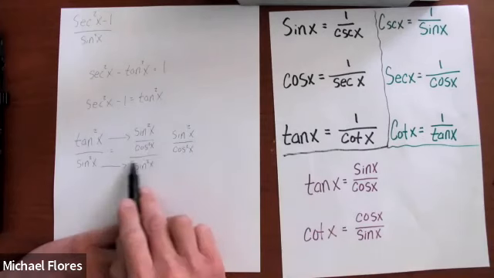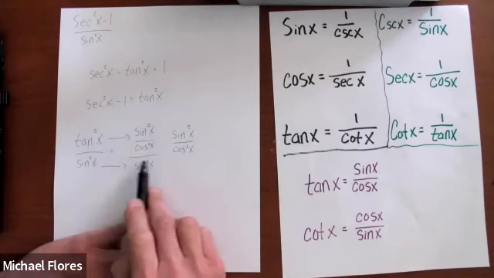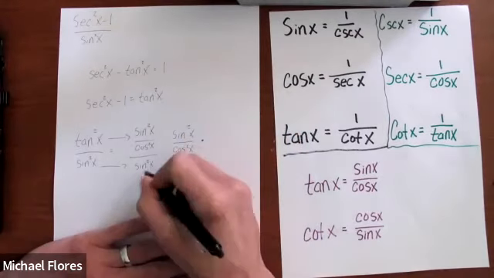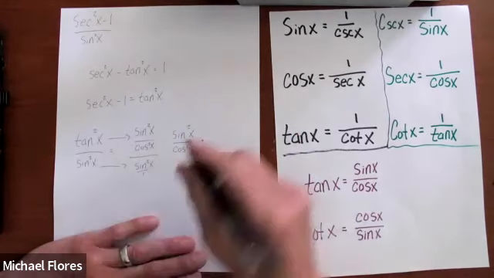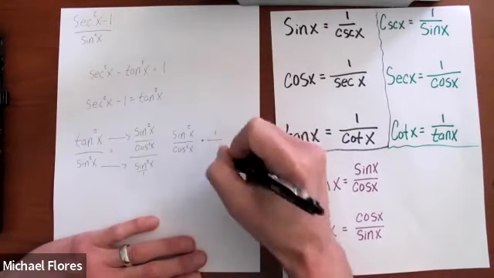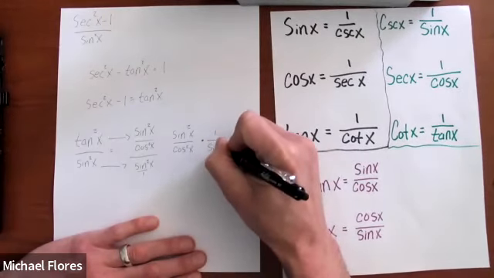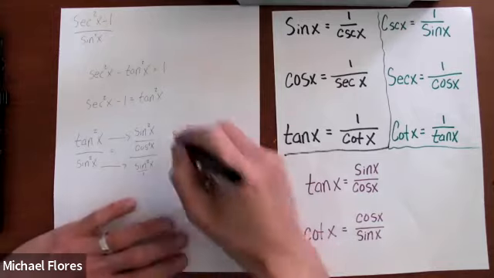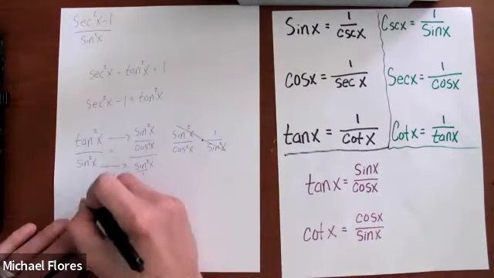Divided by, change it to multiplication, and sine squared of x over 1, if we flipped it, would be 1 over sine squared of x. Cross cancel.